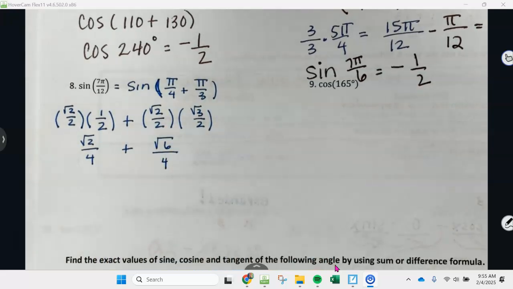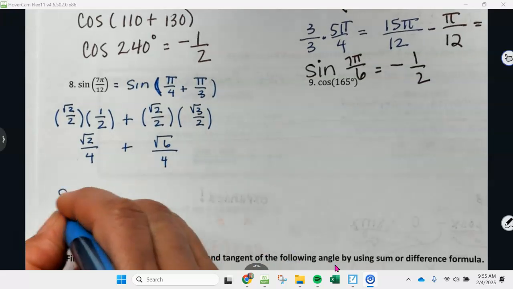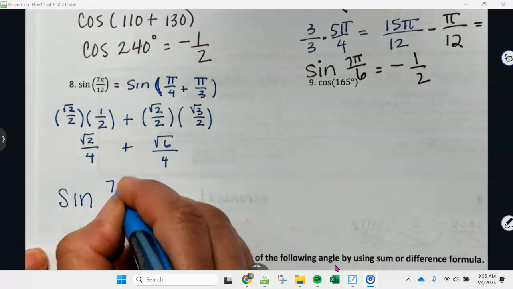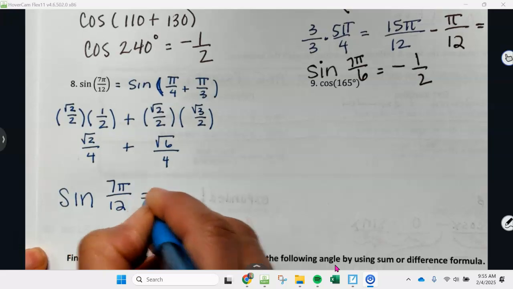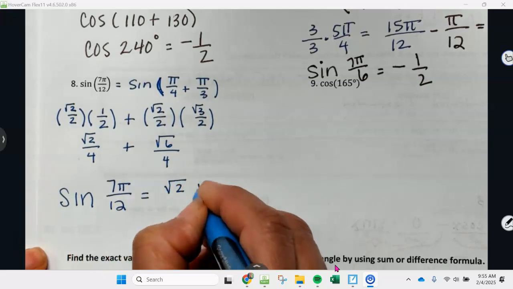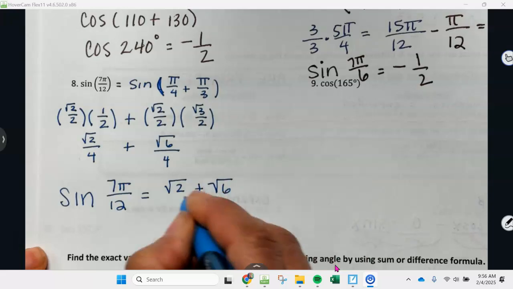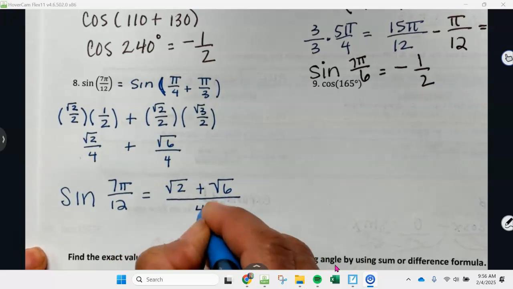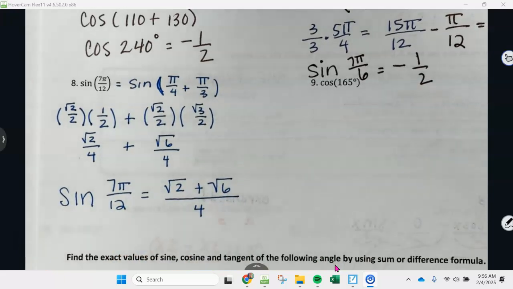And then, guys, just like we have been doing, when you have a common denominator, we're just going to write it as a single fraction. Common denominator is 4. So sine of 7 pi over 12 equals root 2 plus root 6, all of that over 4. And that's the answer for that.